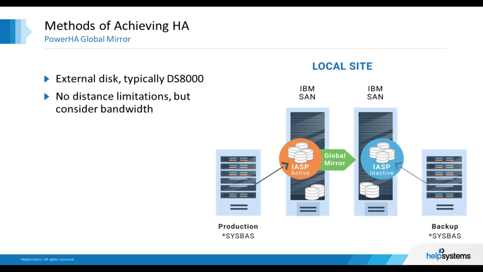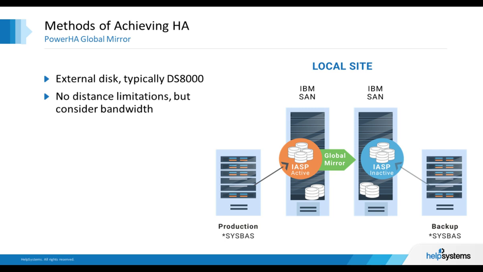So here I talked about many components. Here's external disk. We have typically DS8000s, but we're starting to see some great benefits even getting down to the 5000 series, the 5020s. Once you get out to the disk or the SAN storage, there's a lot of capabilities within the SAN that does the replication and the chattering back and forth, as opposed to the operating system taking care of that.